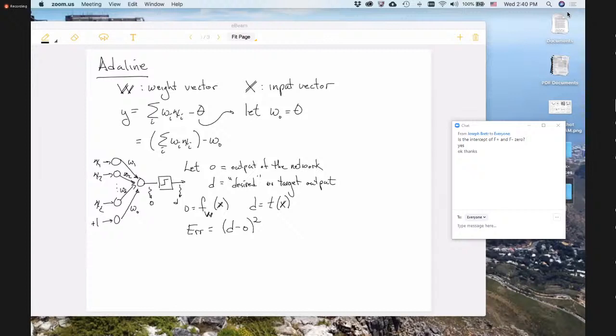At least that's what we would normally compare with, except by passing it through that step function or the hard limiter, we're snapping it to plus or minus 1 or 0 to 1, depending on which one you use. But we are calculating the mean squared error relative to the raw output of the network. And when we do that, our weight update looks like this.